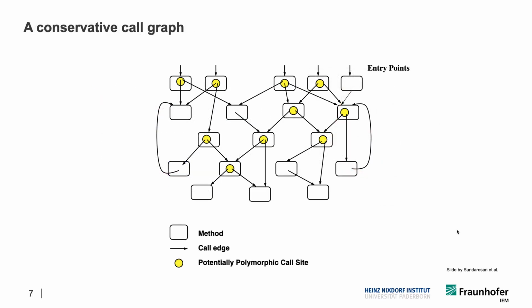So let's take a look at a call graph more generally. If we look at such a graph here and we assume that this is our call graph, then first of all, such a call graph will have entry points. Often you are in a situation where you only have a single entry point, for instance, your program's main method, that's where your program starts. But let's say you're analyzing a library in isolation, or maybe you're analyzing an Android app.